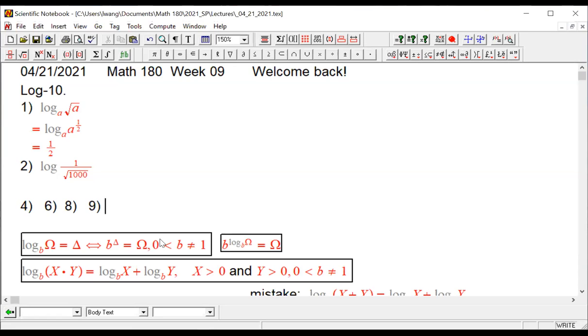You done with number 2? Good. What did you get? Log the root 10 over 100.